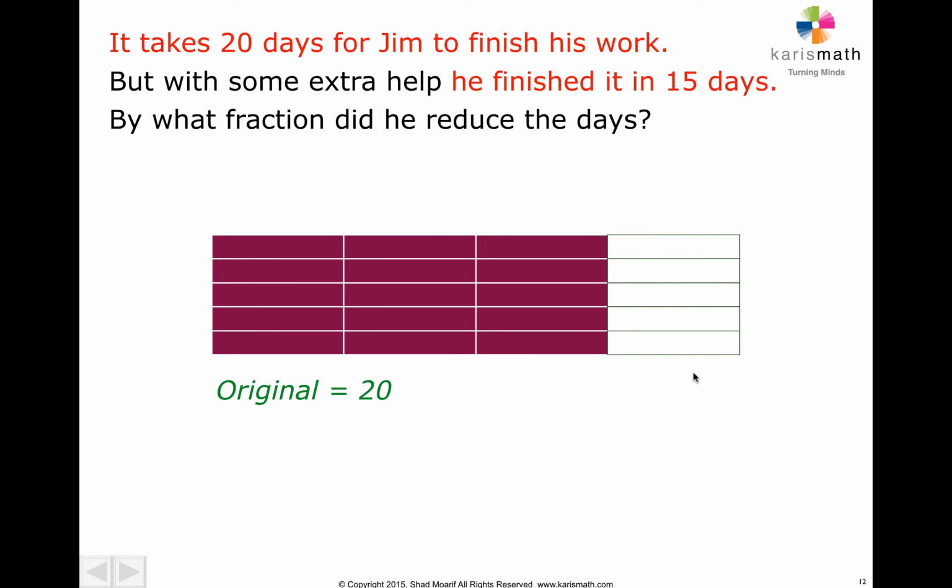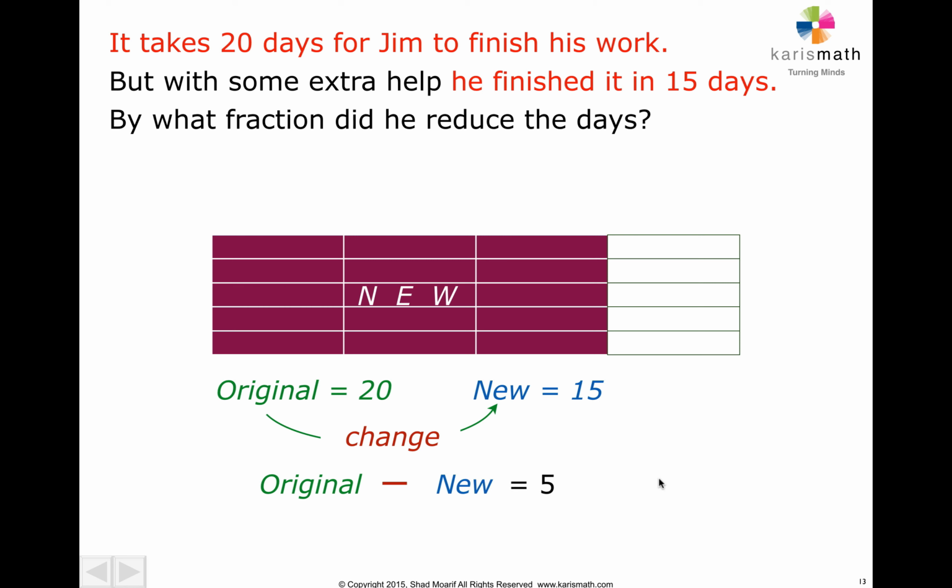That's the amount by which he decreased it, because he finished it in 15 days. So the new amount is smaller than the original amount. It's 15. So the decrease or the change or the difference, whatever you call it, would be the original minus the new, which is 20 minus 15, and that's 5. So this is the 5, that's the difference.